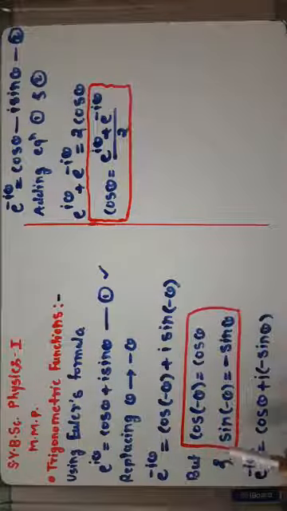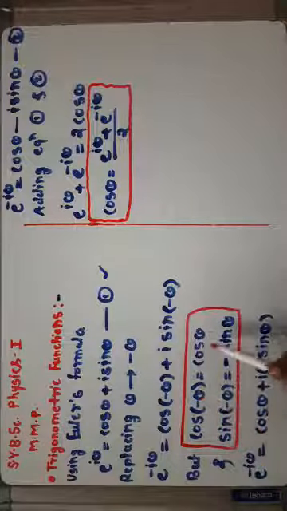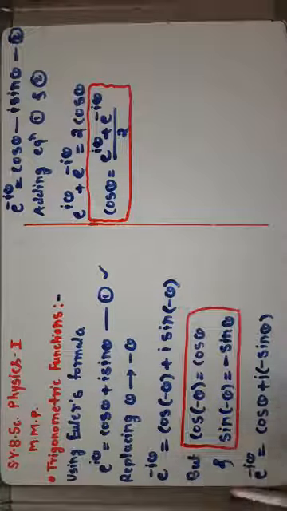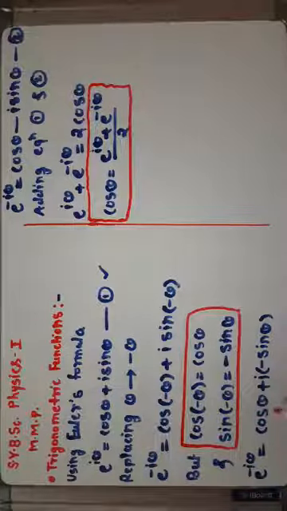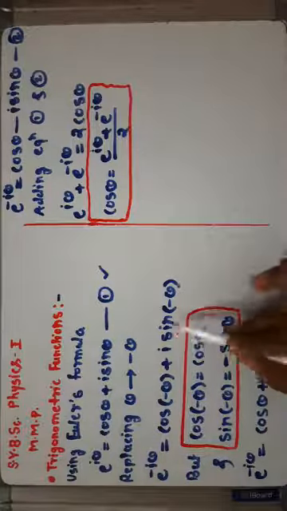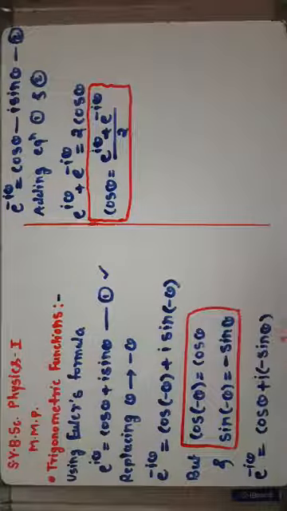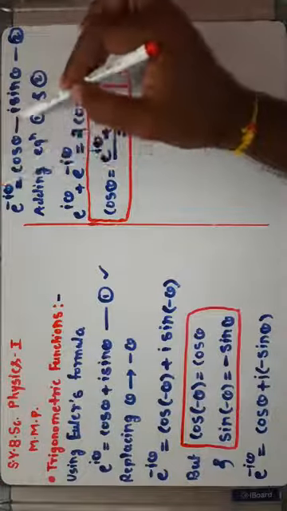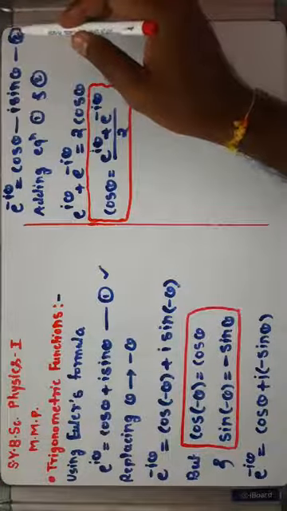But we know that cos minus theta is equal to cos theta and sin minus theta is equal to minus sin theta. We substitute here, then e raised to minus i theta is equal to cos theta minus i sin theta. This is equation number 2.